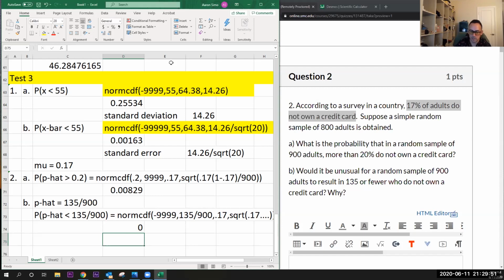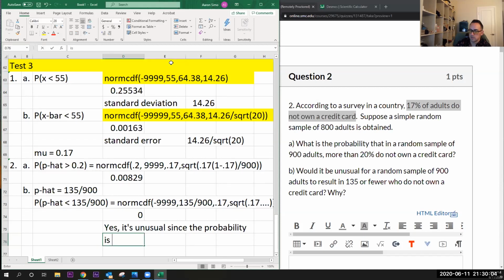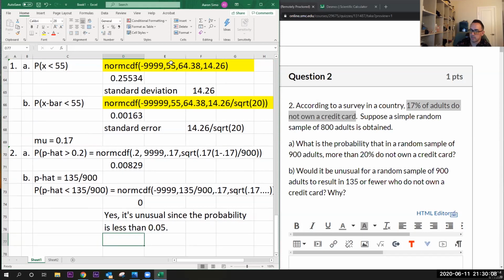So then you would say, yes, it's unusual, since the probability is small. Or did you get something different than 0? Let me see. What's 135?